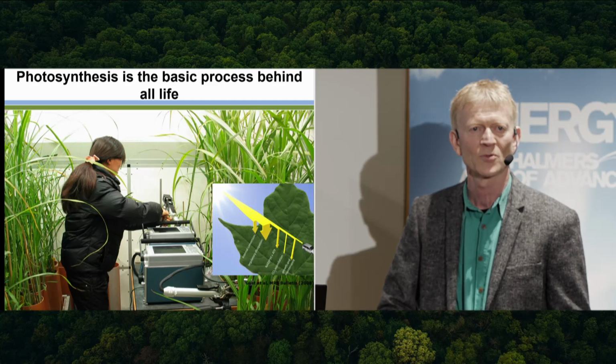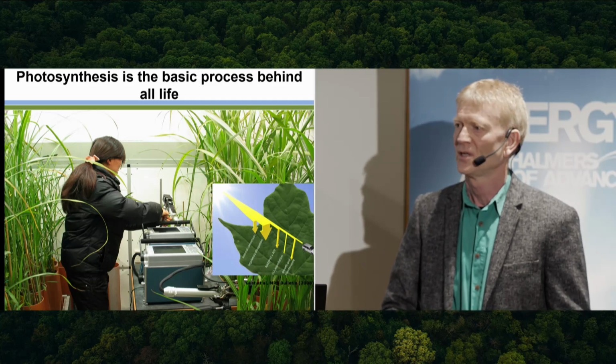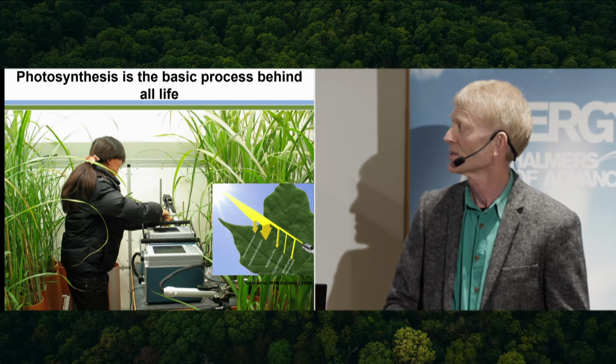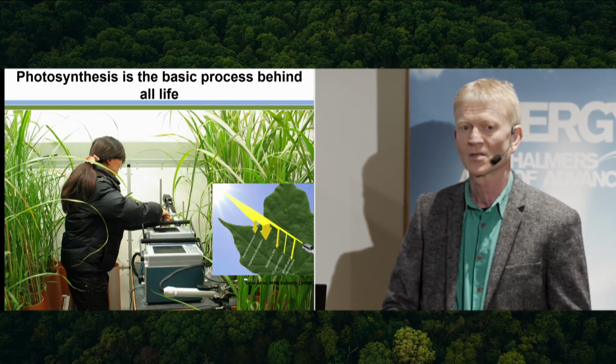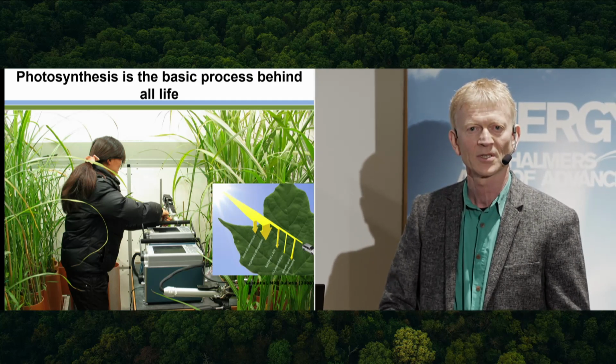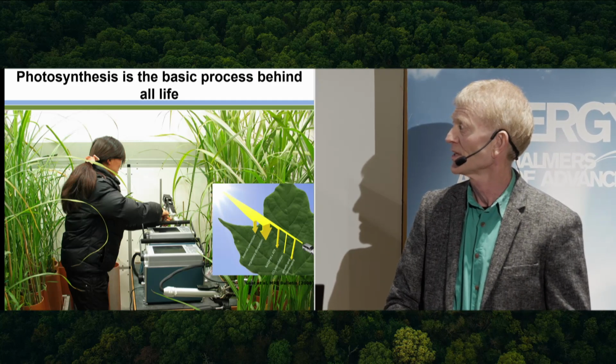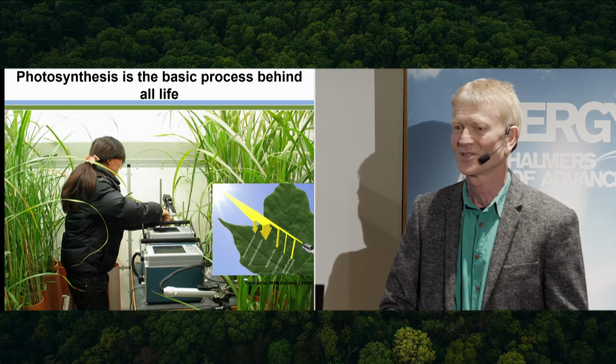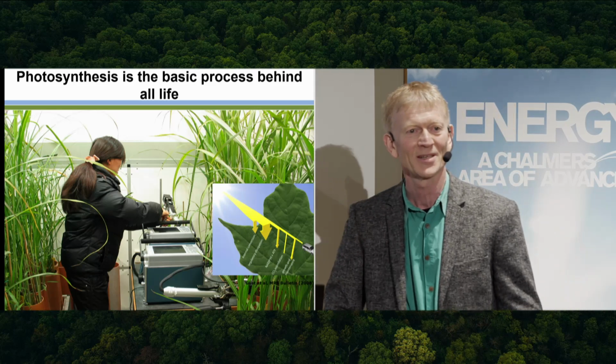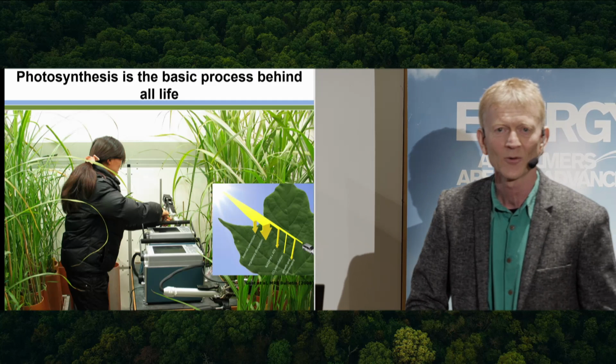Of course, it's much more efficient to use photovoltaic cells. But I think for chemical composition and also for materials, we still need some photosynthesis for many years from now.